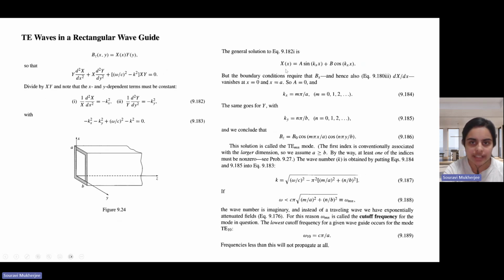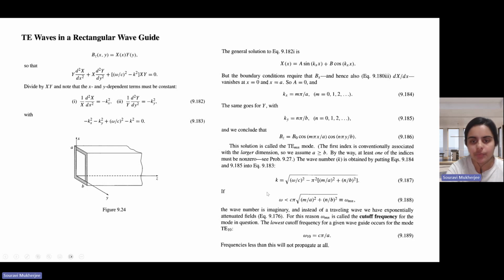So if this is your Bz, you have to take the derivative and see under what condition the derivative becomes 0 at x equal to 0 and x equal to a. And from here, you get the conditions for the wave numbers kx and ky, and that gives you the expression for Bz, right? And if you put kx, ky, this is how they are related to the wave number.